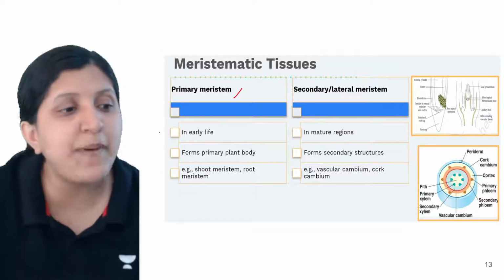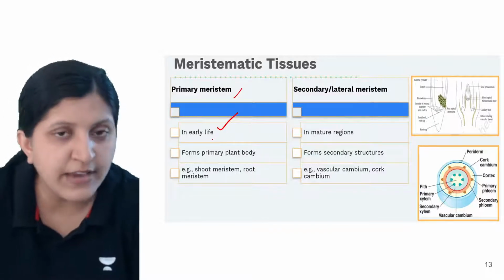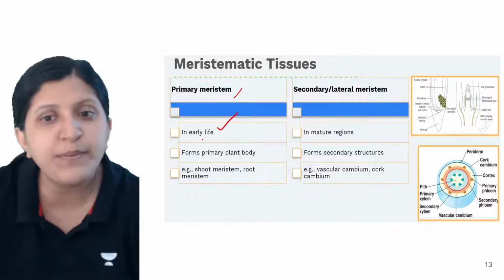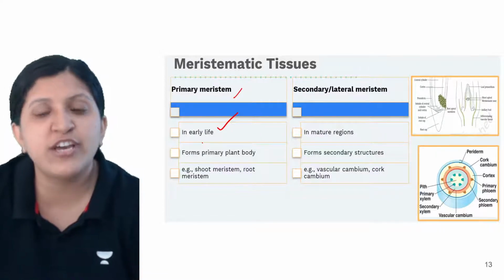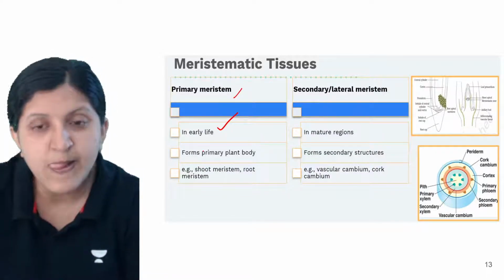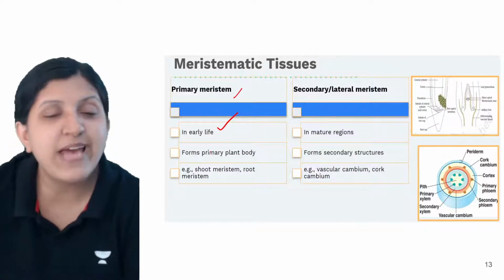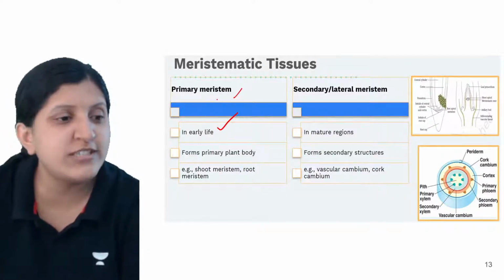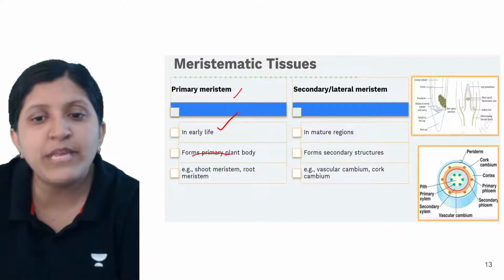Now the primary meristem is formed in the early life, that is in the very beginning of the plant life, whenever seed germination occurs. There is a plumule and a radicle, and those tips have actively dividing cells. That is a meristematic tissue, which is the primary meristem, and this forms the primary plant body.